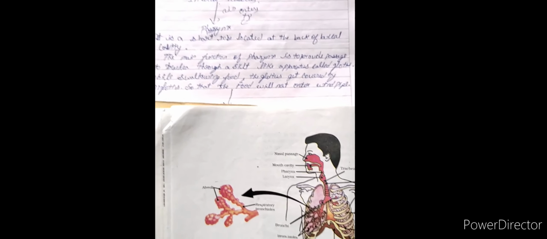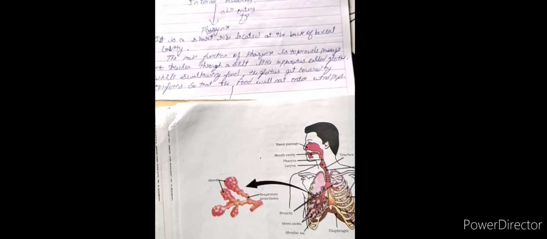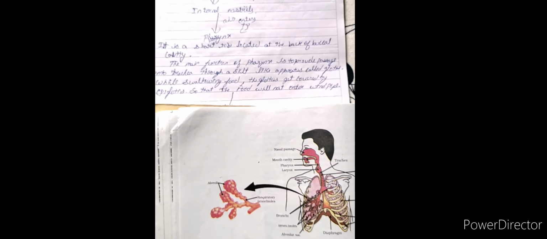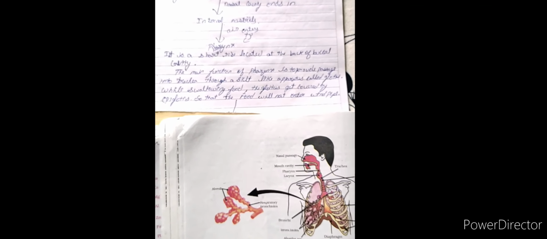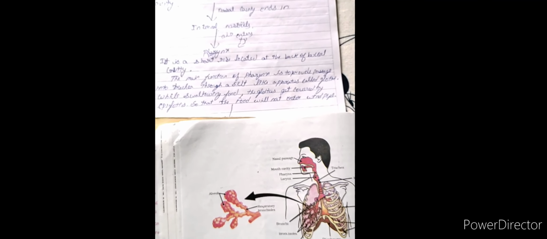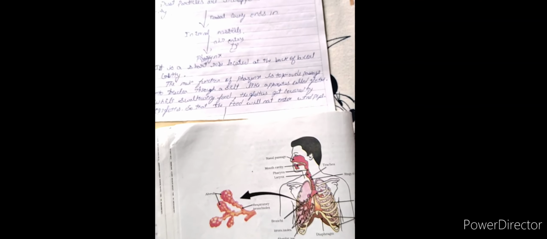Pharynx. Now the definition of pharynx is, it is a short tube located at the back of the buccal cavity. You can recognize it from this diagram also. The main function of pharynx is to provide passage into the trachea through a slit-like apparatus called glottis.